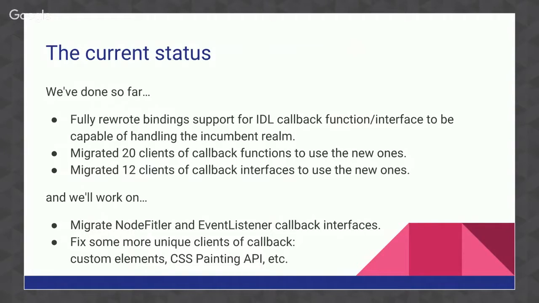So we are hopefully close to the end, but we still have some remaining: NodeFilter, EventListener, and some unique use cases of the CSS painting API, custom elements, and so on. But we will fix everything about callbacks.